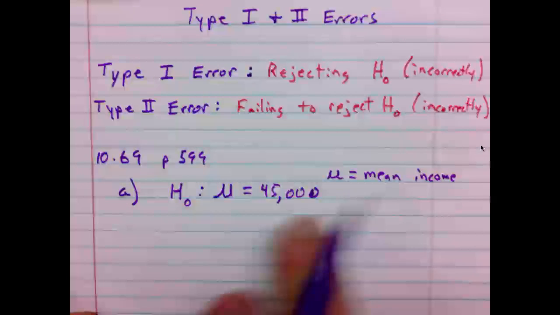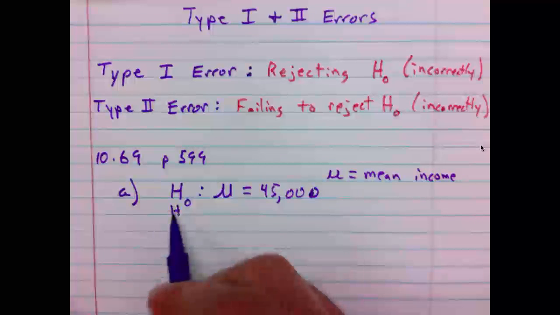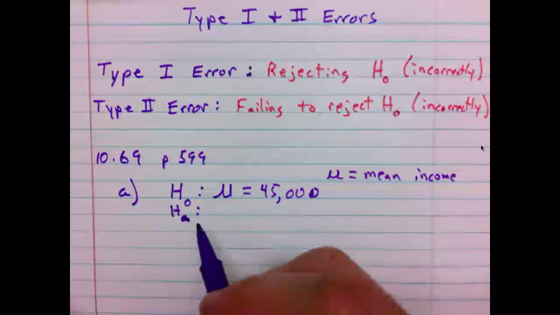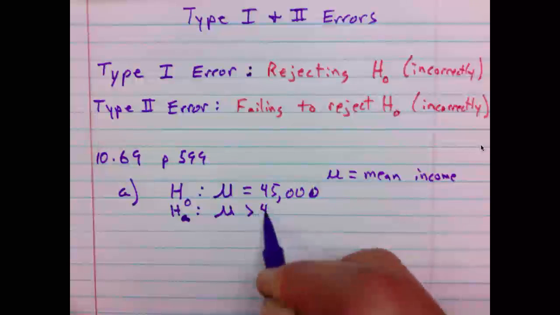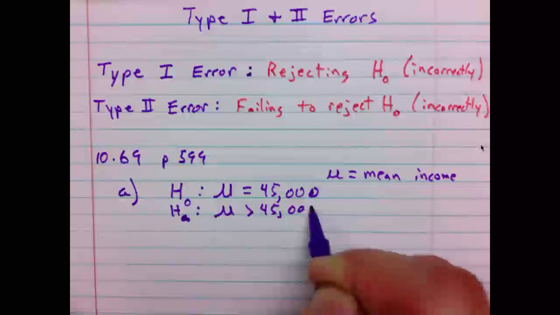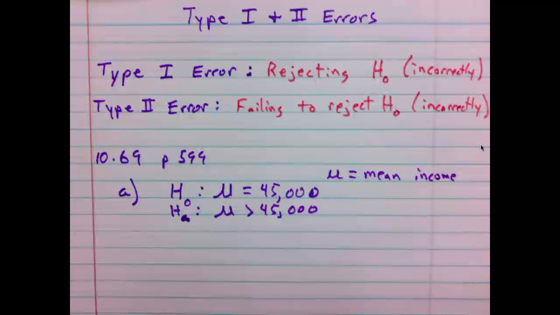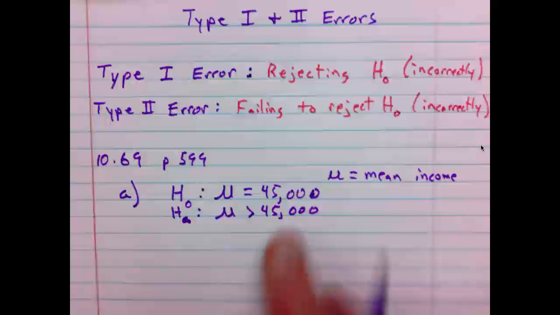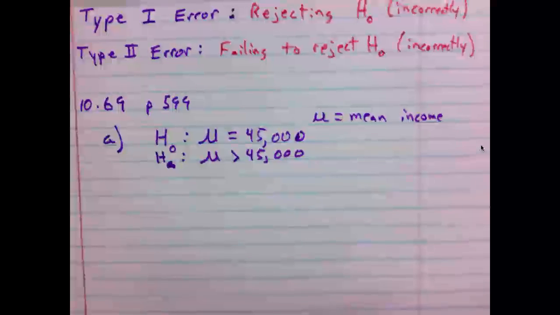What are we seeking evidence of? That people have more money than that. So we want HA to be what we're seeking evidence of, that the mean is greater than 45,000. If it is greater than 45,000, we're going to build our restaurant. All right, let's consider what these errors are going to look like.